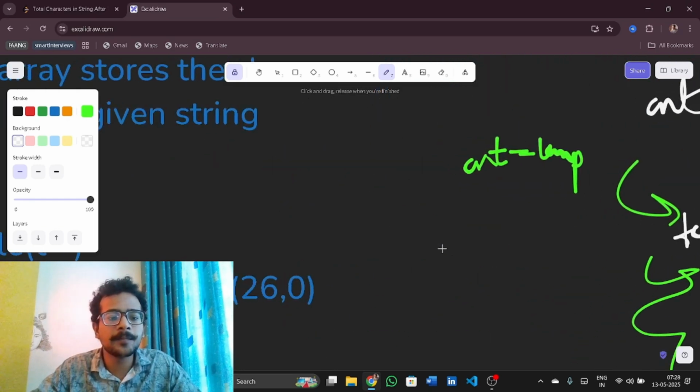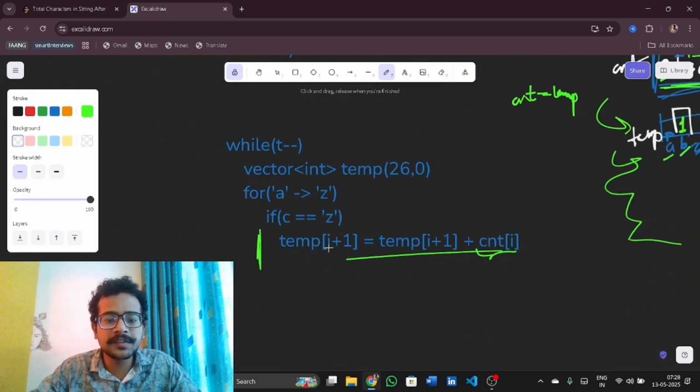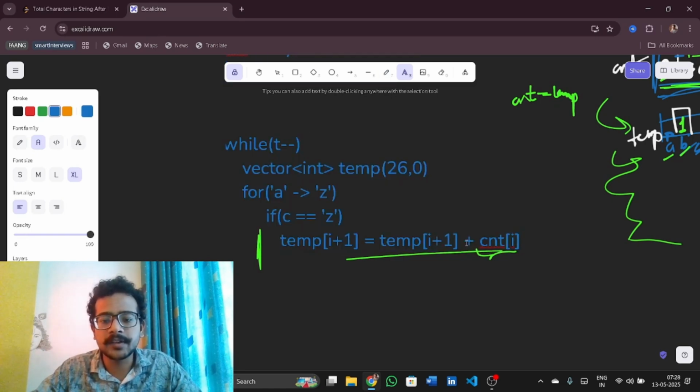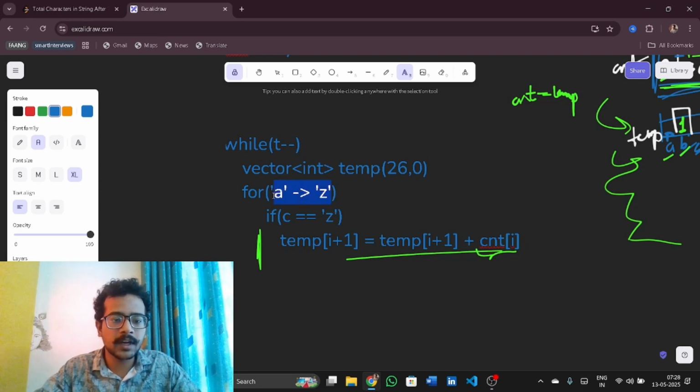Now let us write it. Now if C is equal to Z, so wait a second. If C is equal to Z, temp of I plus 1 is equal to temp of I plus 1. Sorry. Let us just go from I is equal to 0 to 25, so that we won't be confused.